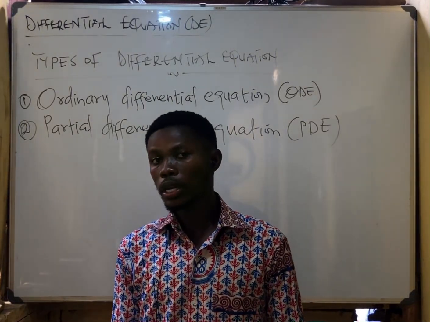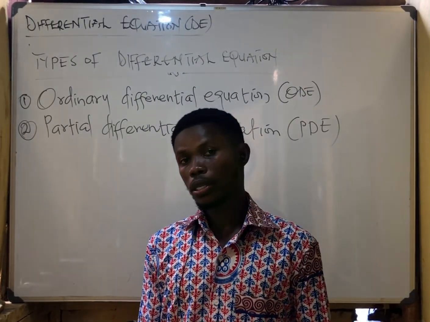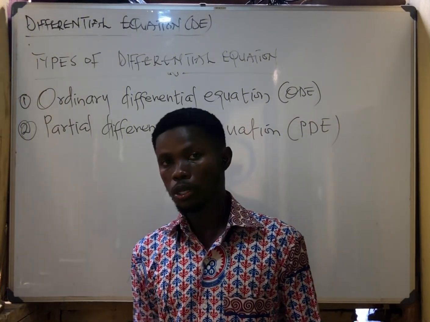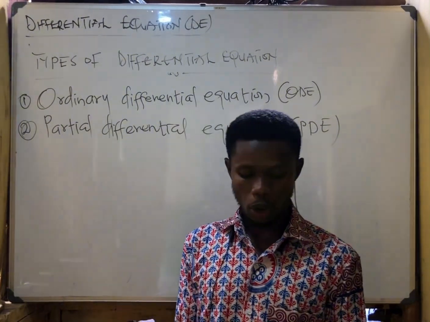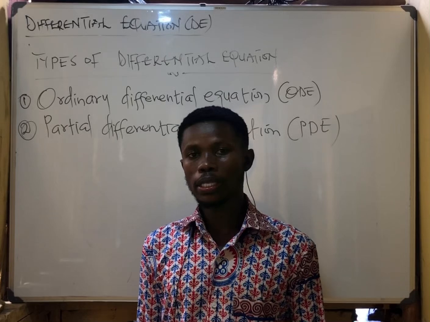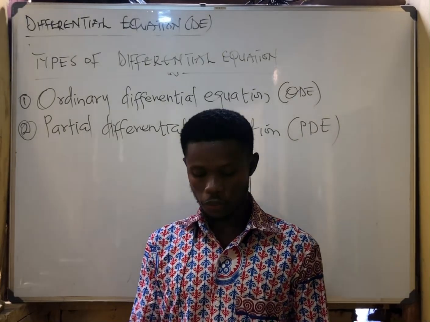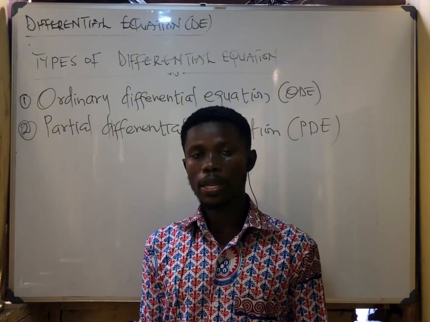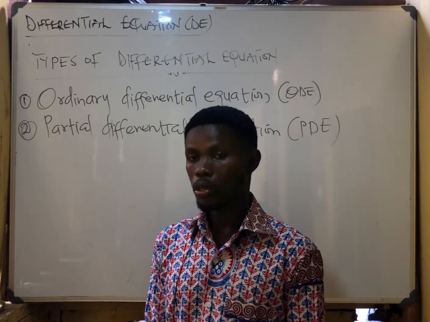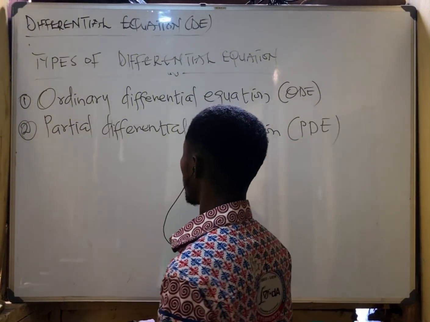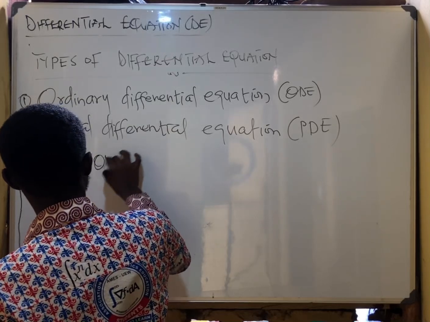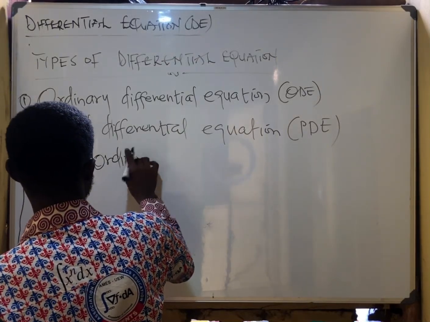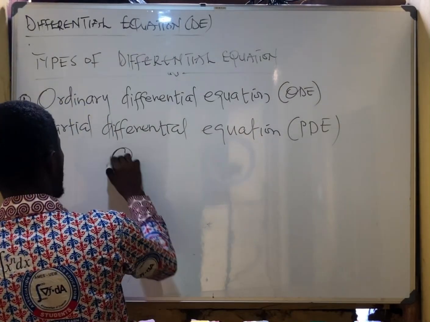What do we mean by an ordinary differential equation? It is an equation in which the unknown function depends on only one independent variable. The unknown function depends on only one independent variable. So let's take the shortcut.